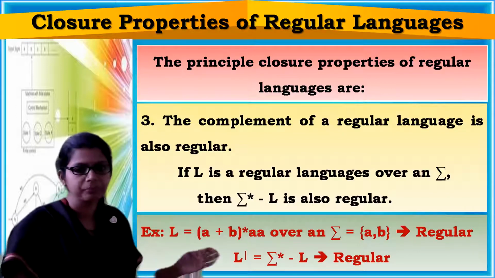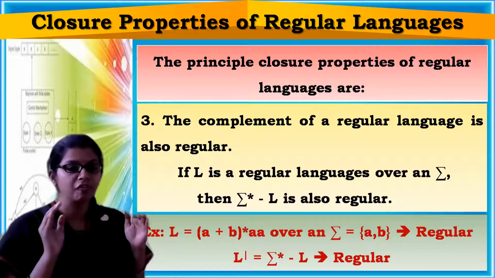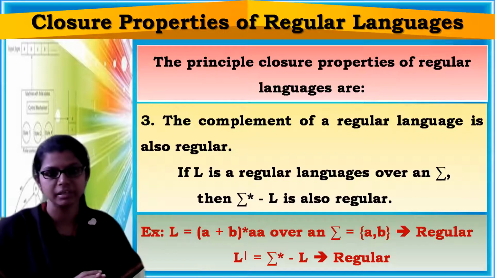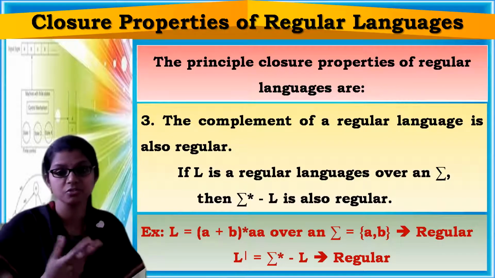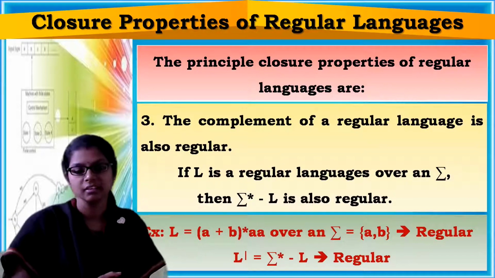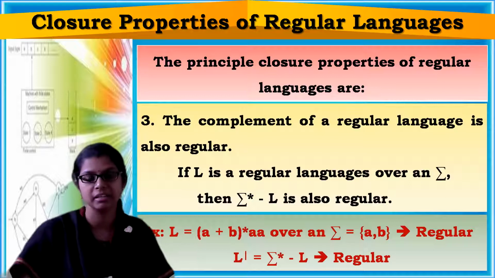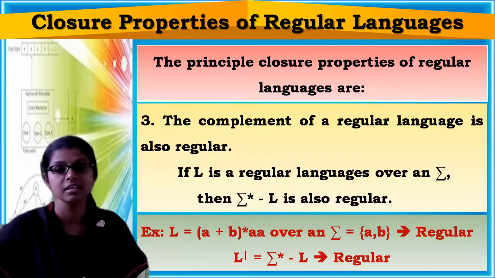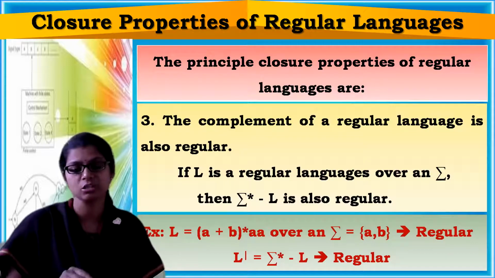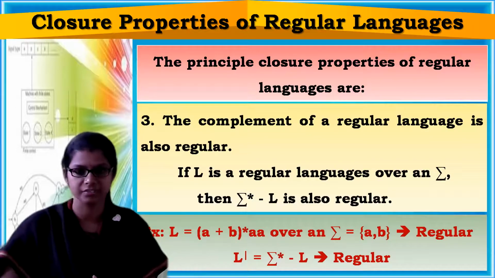Let us see one example. L equal to (A union B) closure AA, meaning the set of all strings over the alphabet {A, B} that end with AA, that end with two A's. This is my language L over the alphabet AB. Then it is regular. Then L complement, that is alphabet closure minus L, meaning the set of all strings over the alphabet which do not end with two A's, is also a regular language.